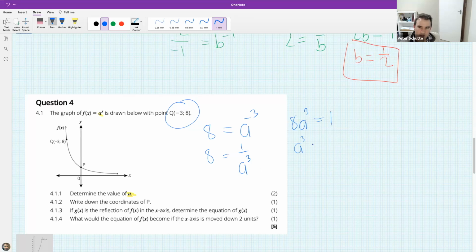And then I'm going to get 1 over 8. And what do I need to do there? It seems like to undo a cube, I need to cube root both sides. And so Bocheng, I agree with you, it's a cube root, and the cube root of 1 over 8 is a half. So a is a half.